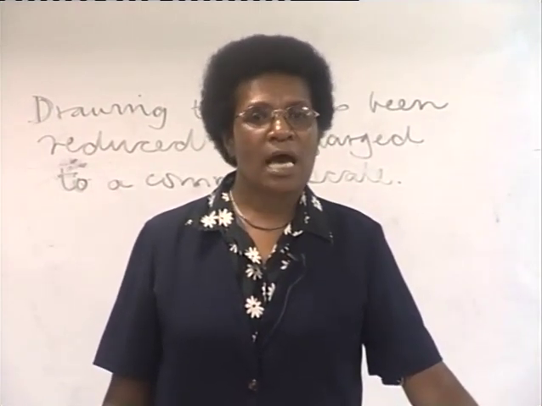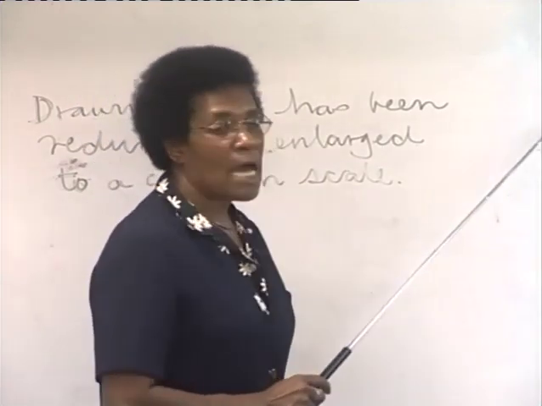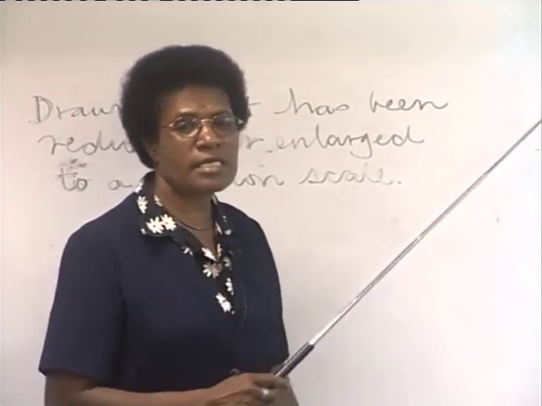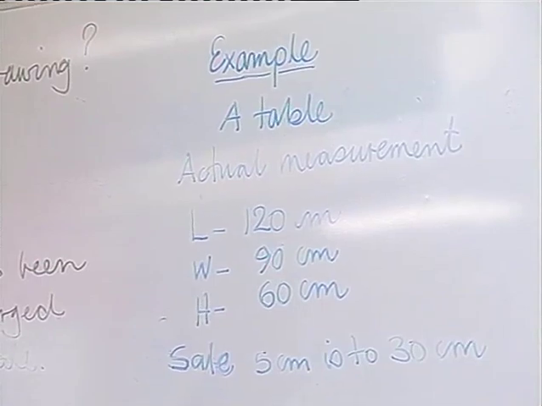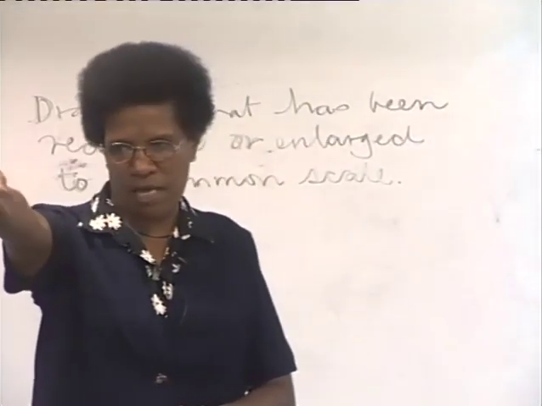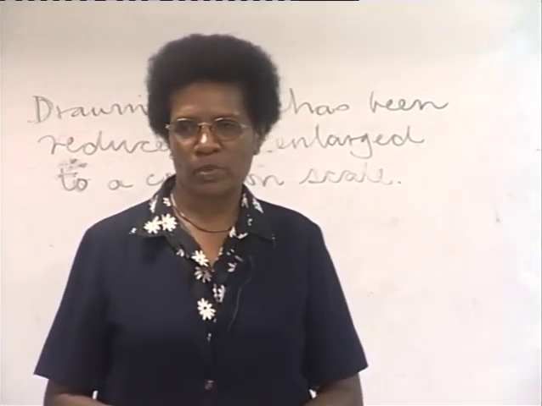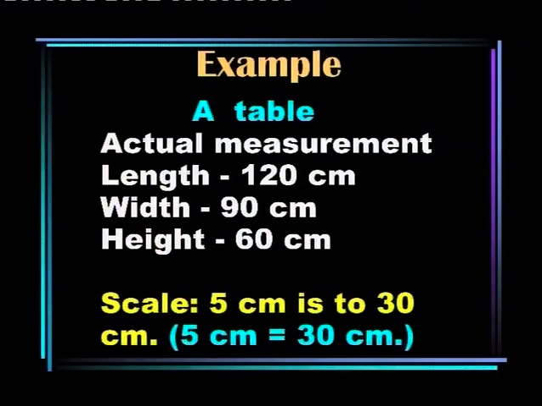With a length of 120 centimeters and a width of 90 centimeters, this table is not going to be a square-shaped table. It's going to be a different shape. Thank you, Rachel. A rectangle shape. And the height, we already looked at it.